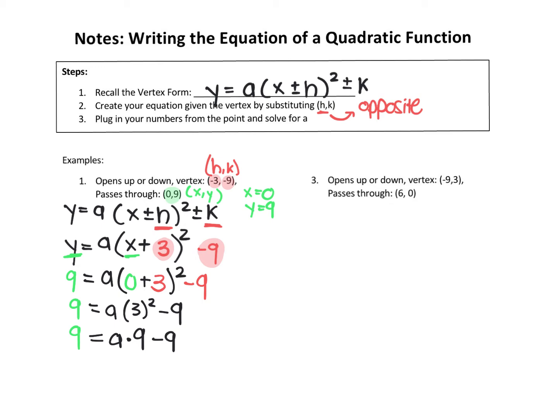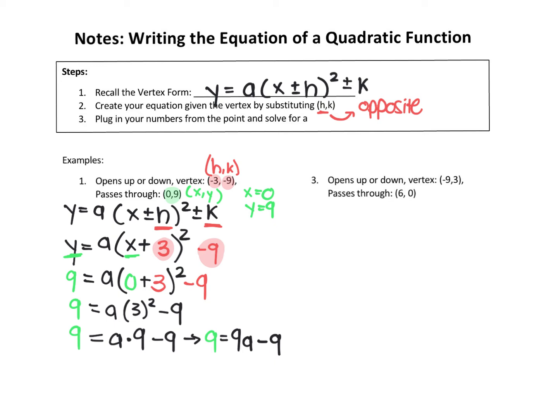Okay? Now the thing is I don't like it when my number is behind the a. I'm going to change it so that the number is in front. So I have this 9 equals 9a minus 9. And now that I have that, it's just like solving for x.